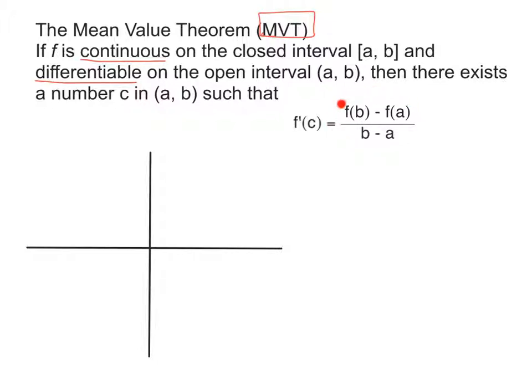This over here, f of b minus f of a over b minus a. This formula should look familiar. Remember, these are y values up here. These are x values here, because this is my interval from a to b. What we have over here on the right, this here is the slope of a secant line. It's the slope of the secant line between a and b.